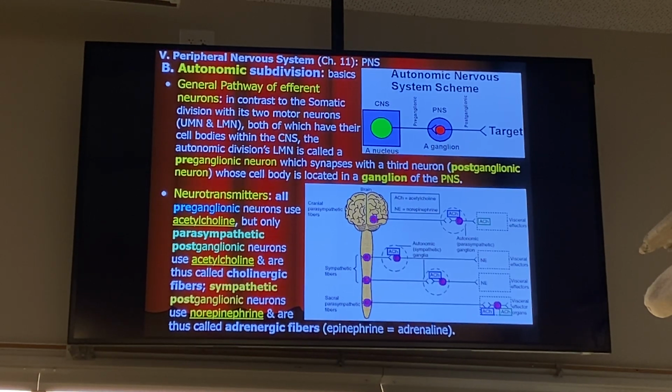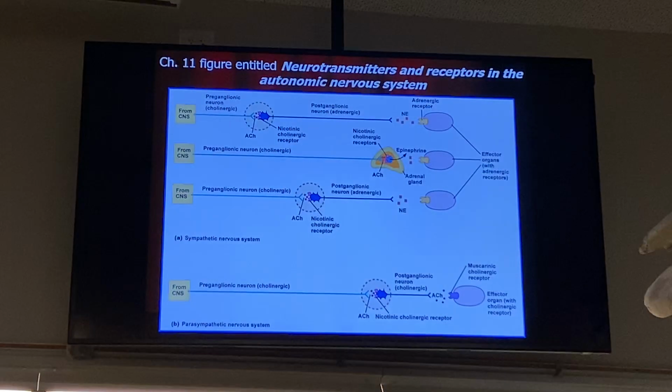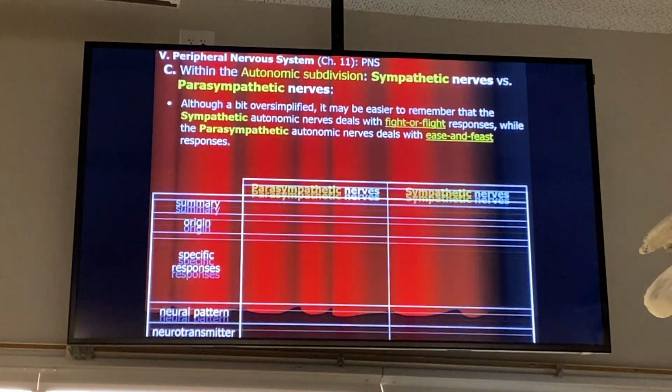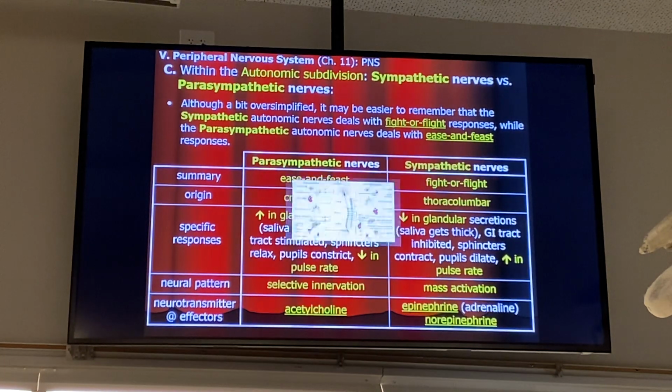It can either be acetylcholine or norepinephrine. And this picture from your textbook is the bottom half, right here. Everybody see that? Alright, let's just move on. Now, this is talking about just the difference between sympathetic and parasympathetic. Go ahead and fill in the blanks.